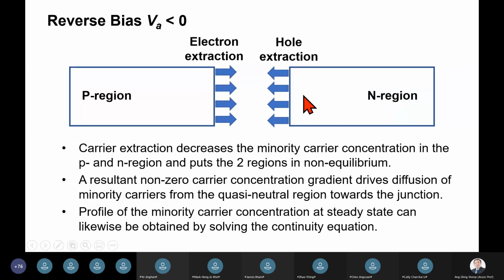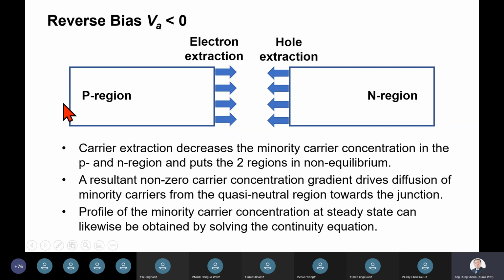Now, as a result of the electron extraction, this will lead to a non-zero concentration gradient in the electron concentration along the P region. Imagine electrons are being pulled out of the P region at one side. Obviously, the electron concentration here will decrease, and therefore that will give rise to a non-zero concentration gradient along the P region.